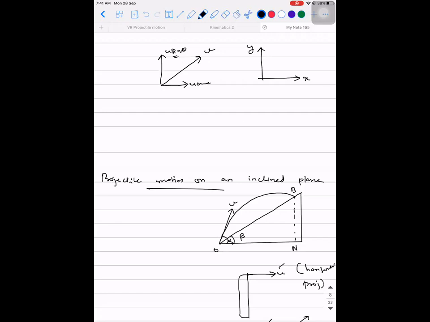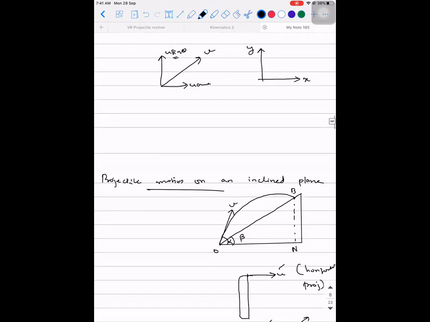At that time, you take the direction along the inclined plane as x and the direction perpendicular to the inclined plane as y. Okay, so that is x and y. Then this will be the horizontal component, and I'll use another color. This will be the horizontal component and this will be the vertical component, accepted.